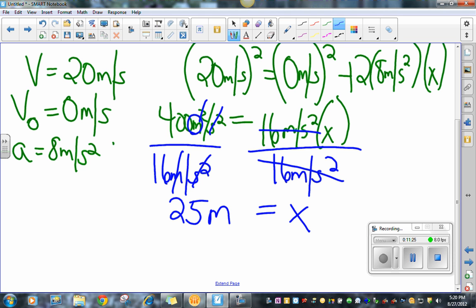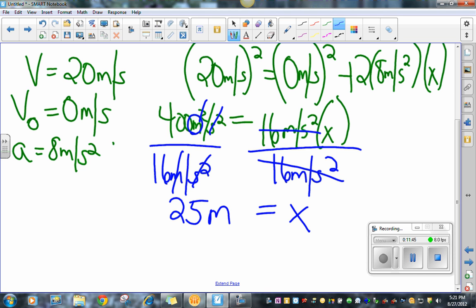Does a horizontal displacement have a unit of meters? Is that a length unit? Yeah, so 25 meters. Does that make sense? That doesn't make sense. That's way too short.